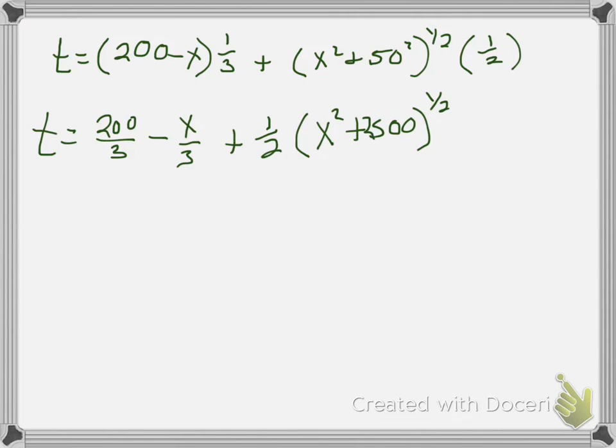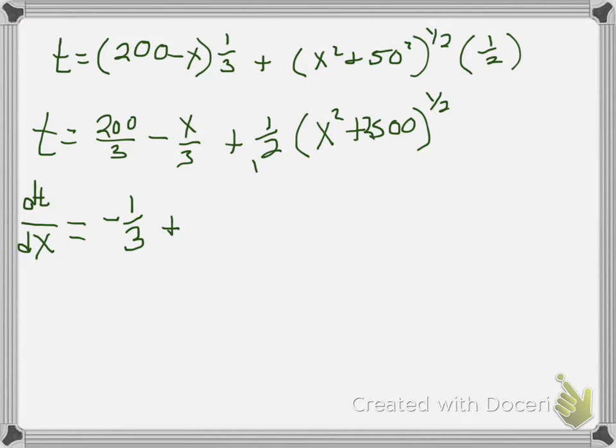Now, what could we do? Well, we could take the derivative of time and set it equal to 0, and that would give us the minimum value. So what we really want is dt/dx, or we could even call this t prime. The derivative of 200 over 3 is 0. The derivative of negative x over 3 is negative 1/3, plus.